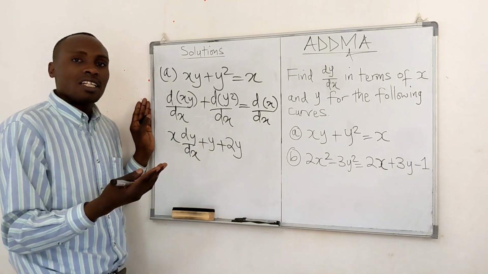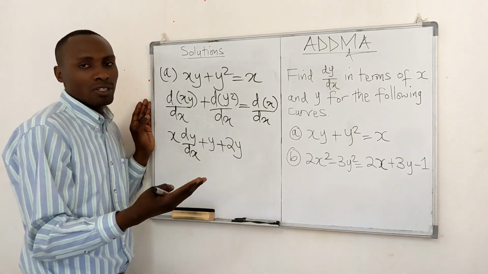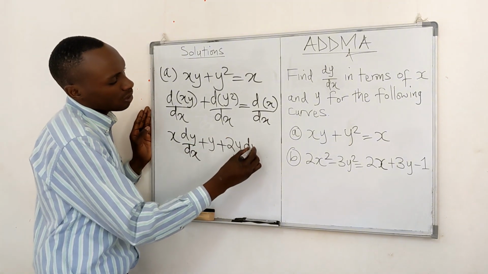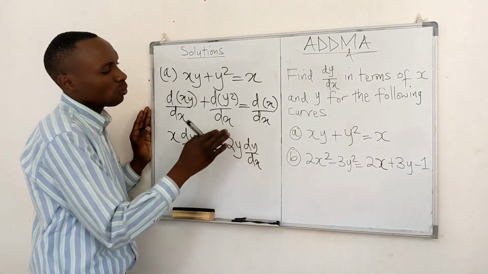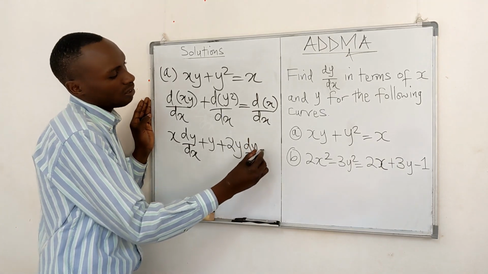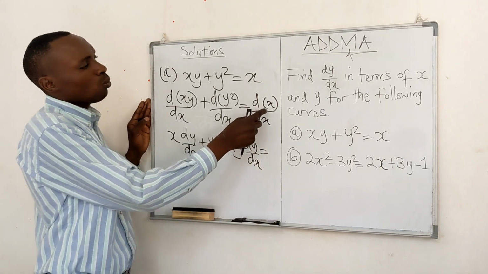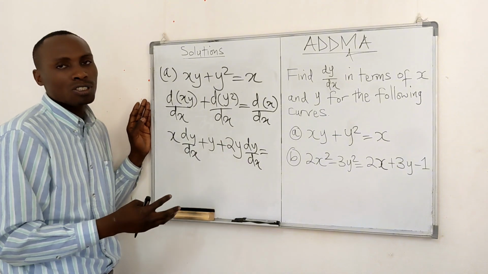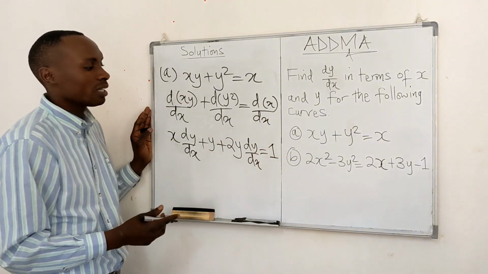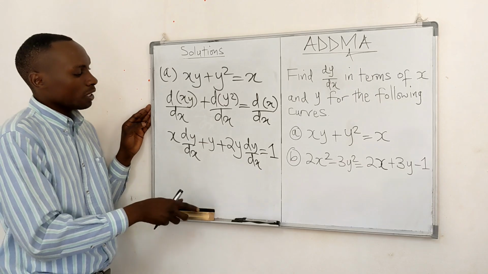But finding the derivative of y with respect to x gives dy/dx, so for this part we also get dy/dx. This is equal to the derivative of x, which is simply 1.